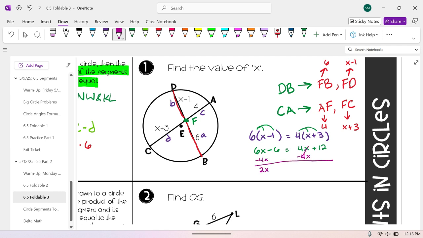I get 2x minus 6 is equal to 12. Add 6. I get 2x is equal to 18. And then divide by 2. X is equal to what? 9. All right, so that's all you do with that segment.